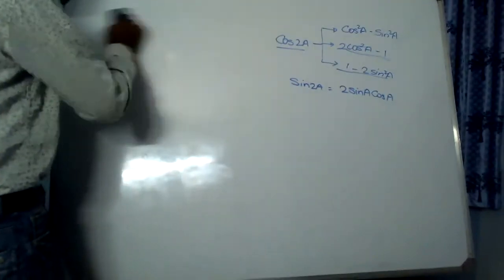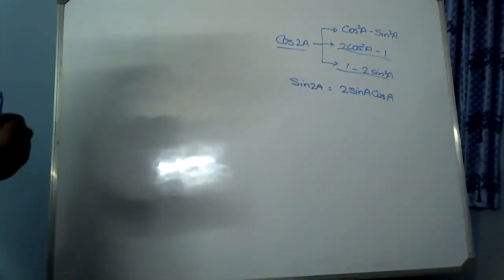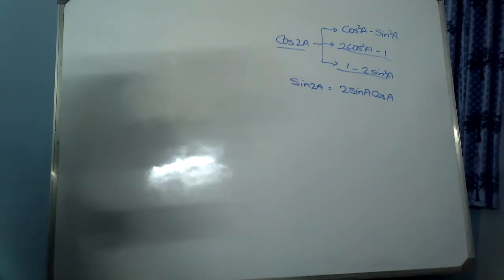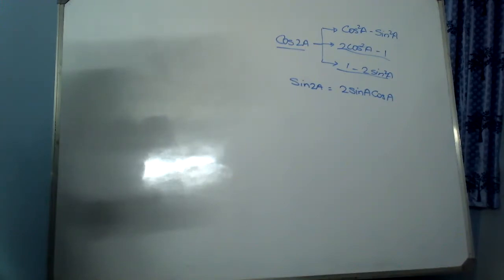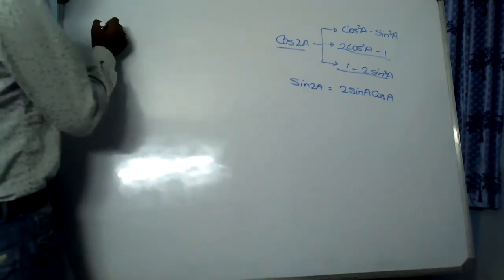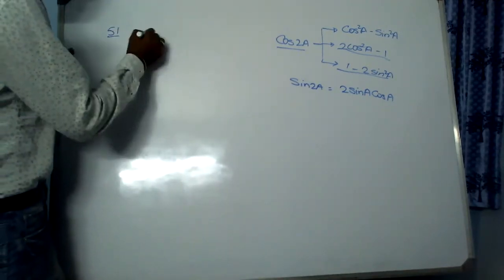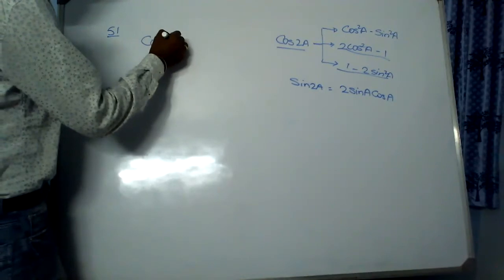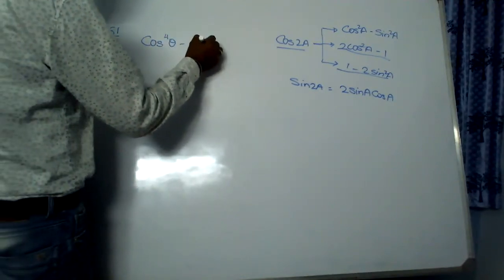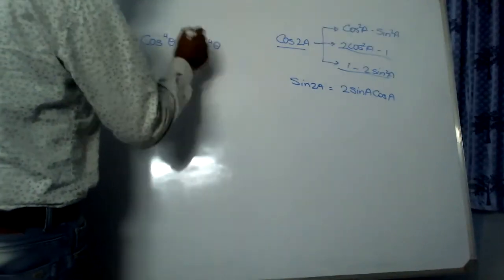So now we'll go to question number 51. Let's see what you have in question number 51. So let me zoom in. So question number 51 says cos to the power 4 theta minus sine to the power 4 theta. So how will we do this? Okay, so we can use the a square minus b square formula, but how?